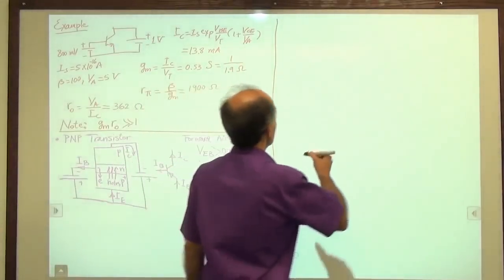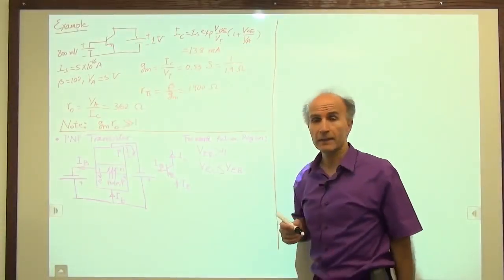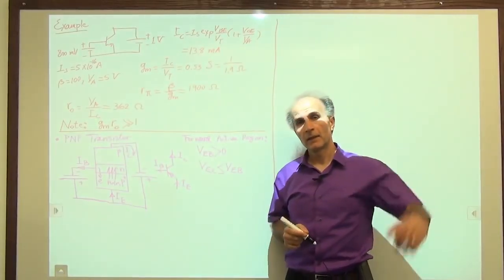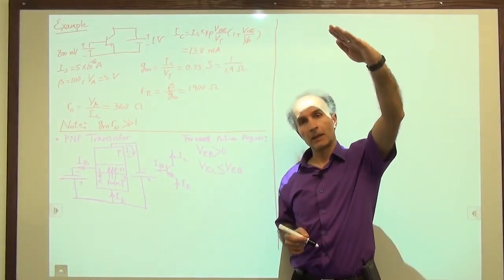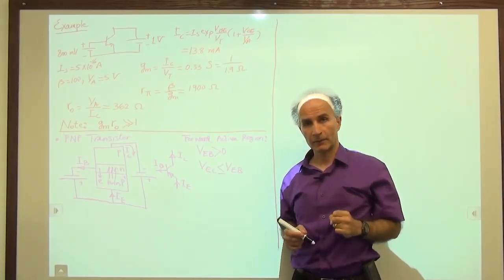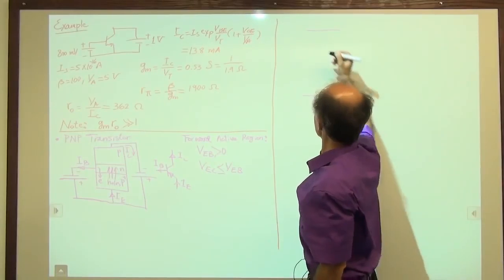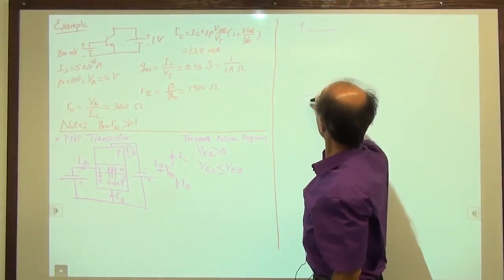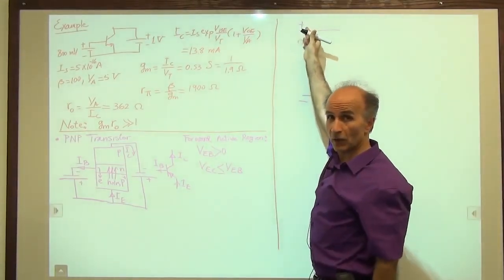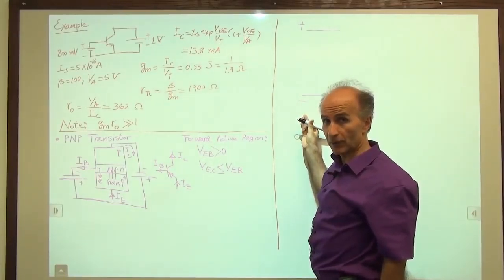So here's the way we think about it. In electronics, typically we place the positive voltage on top of the page and then negative voltage on the bottom of the page. That's the convention that we use: higher potential on top of the page, lower potential on the bottom of the page.